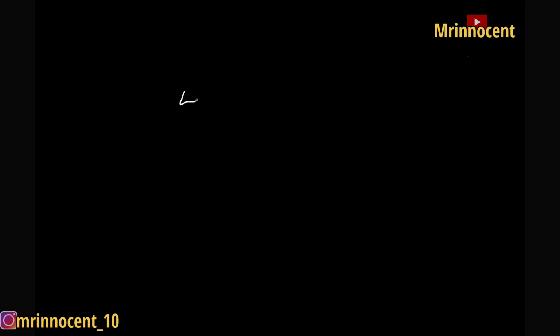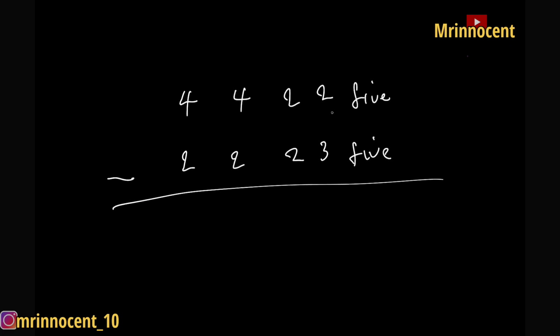We have 4, 4, 2, 2 base 5 minus 2, 2, 2, 3 base 5. 2 minus 3, cannot. Borrow one here, call this one 5. 5 plus 2 is 7, 7 minus 3 is 4.